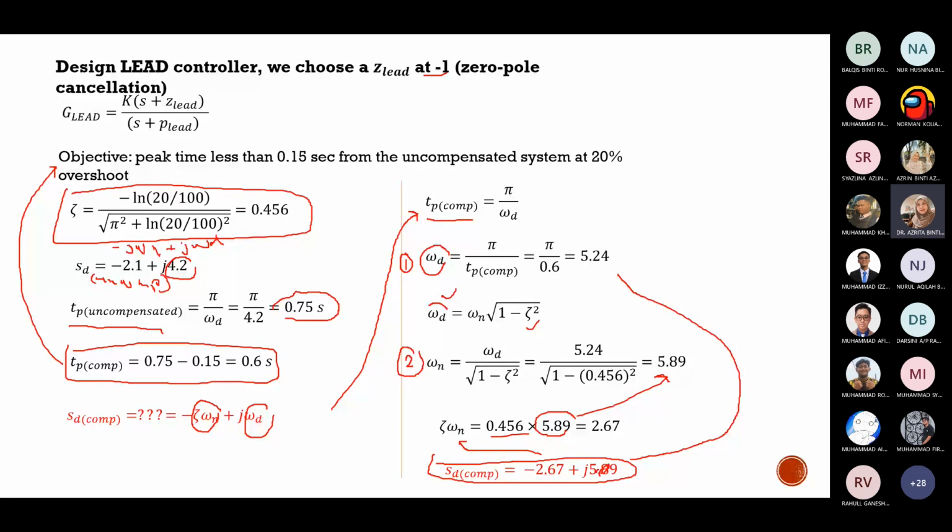Actually the value here must be the value of omega d, which should be 5.24. There is a mistake here because I put the value of omega n. It should be the value of omega d, which is 5.24. Okay, so minus 2.67 plus j 5.24.